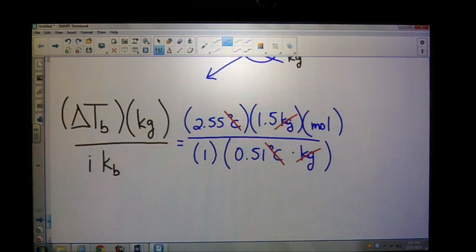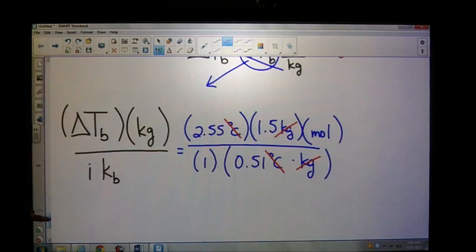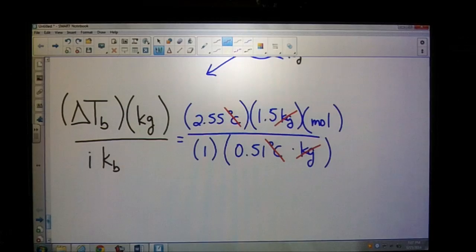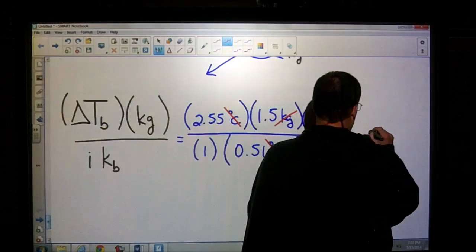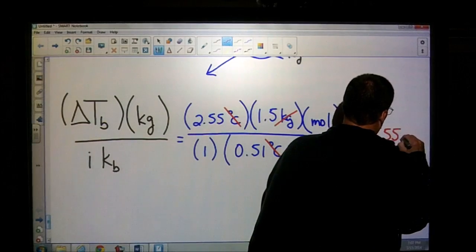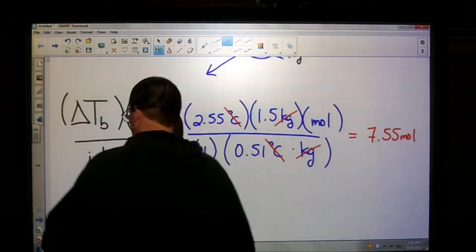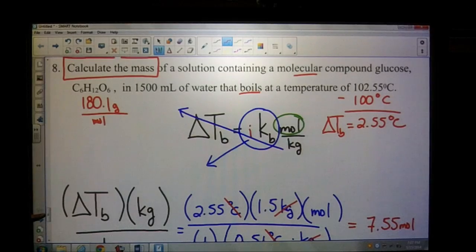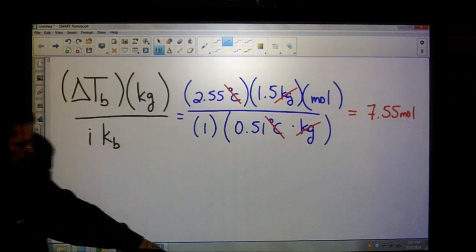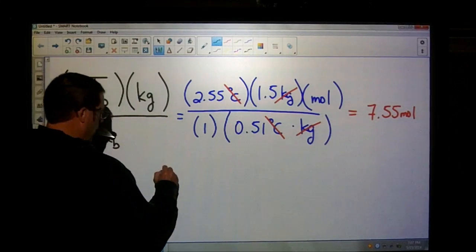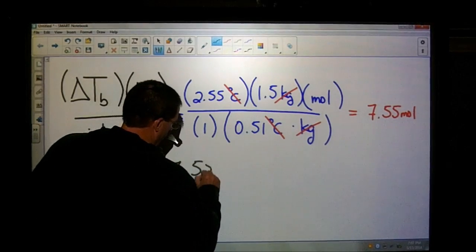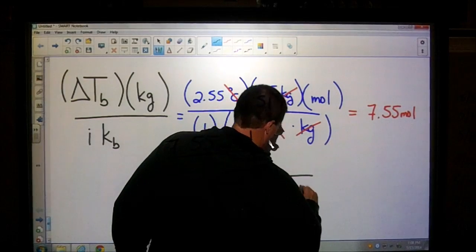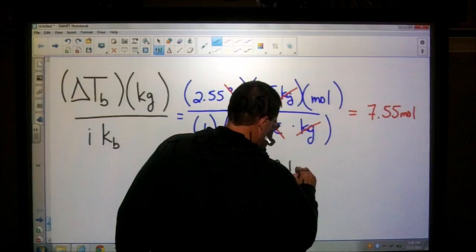That's what we're looking for. We need to find the moles, which I didn't write over here because we are looking for the moles. So whatever that value is, let's get a number there. 7.55 moles of our glucose, with a molar mass of 180.1. So let's take 7.55, multiply that by 180.1 grams per mole.